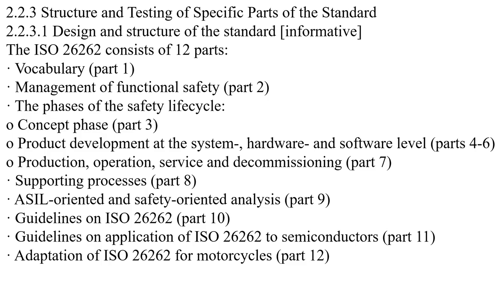Structure of testing of specific parts of the standard. Design and structure of the standard. ISO 26262 consists of 12 parts. Vocabulary, Part 1. Management of functional safety, Part 2. The phases of the safety life cycle.